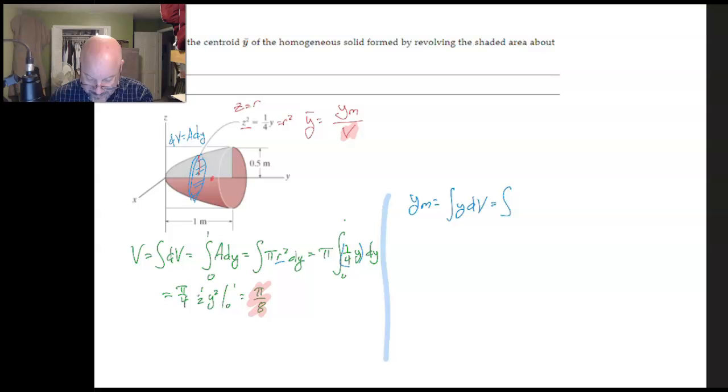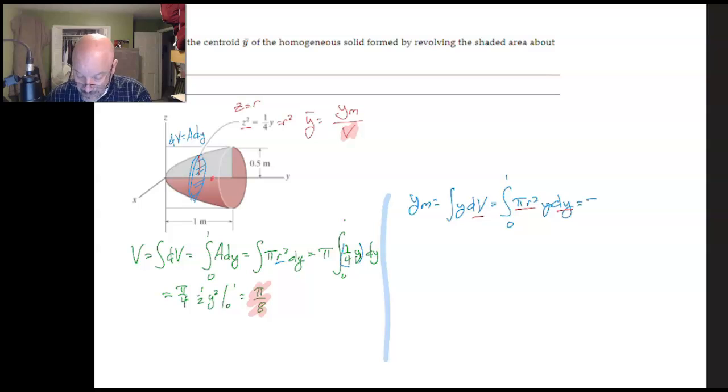That would be a dy, but A is pi r squared, so I'm going to have pi r squared y dy. My dv turned into pi r squared dy, just like we saw over here on this side. Our limits are still from 0 to 1, and my r squared is still 1/4 y.